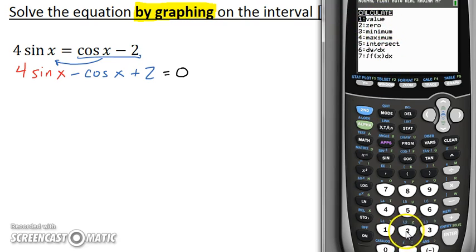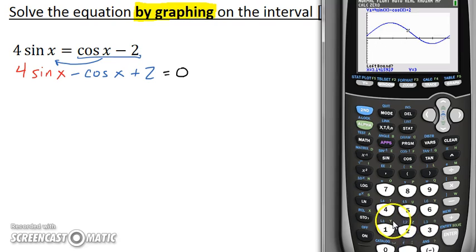So if I hit 2, what I need to do now is figure out an approximation for this value. It asks me for a left bound. I need to pick or trace in an x value that's less than that value. And my scale is every 1, so it looks like the value x equals 3 would be less than that 0, to the left of that 0, you might say.